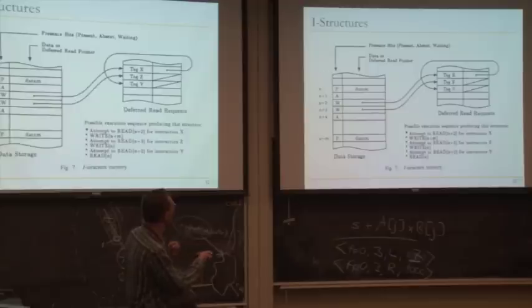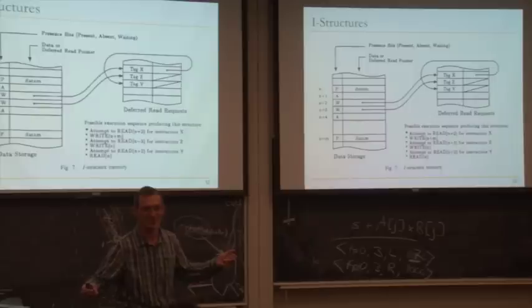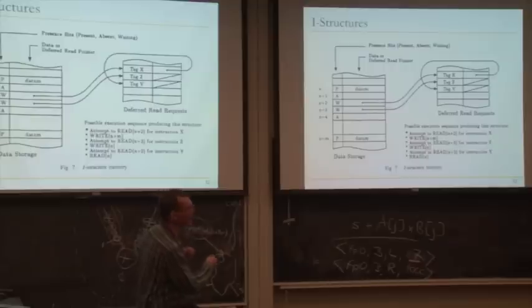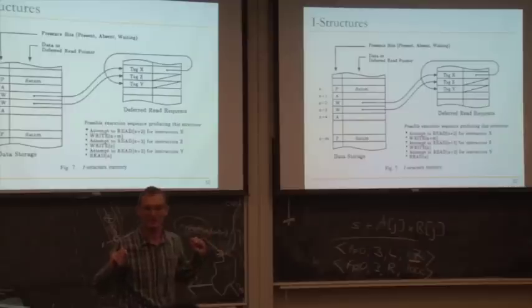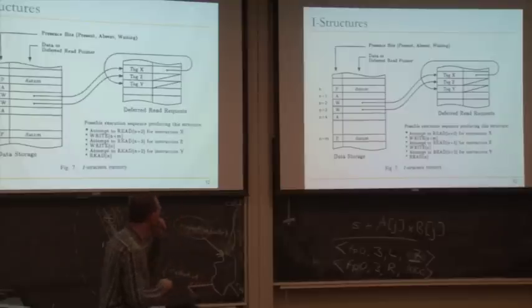Basically, this is how you implement very fine-grained waiting, very fine-grained synchronization, if you will. So if you have a lock, this could be the lock address, and different instructions can be queued up and waiting for the lock. Make sense? OK.